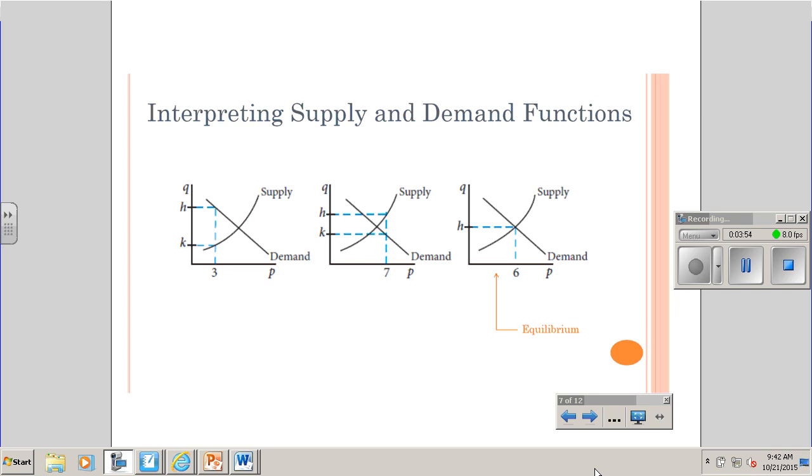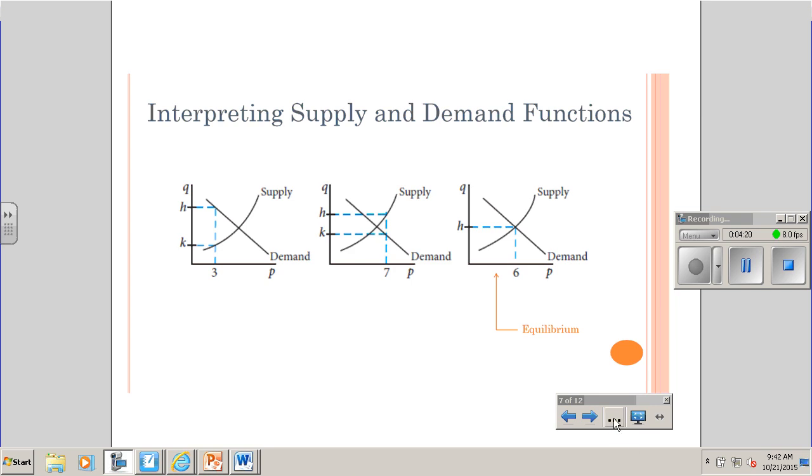Well, we've already talked a little bit about the supply and demand. Let's put these together on the same chart here. If you looked, generally speaking, the supply function increases and then demand function decreases as the price goes up, right? So there are some points on this that are important.